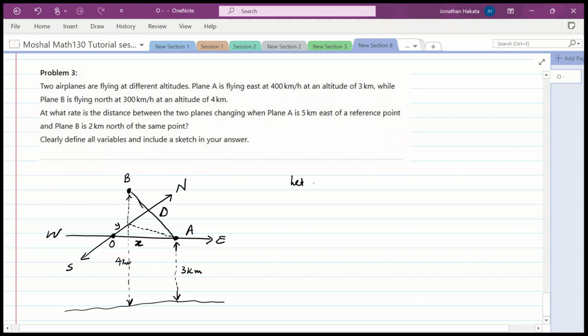So let x be the horizontal distance of A from the reference point.